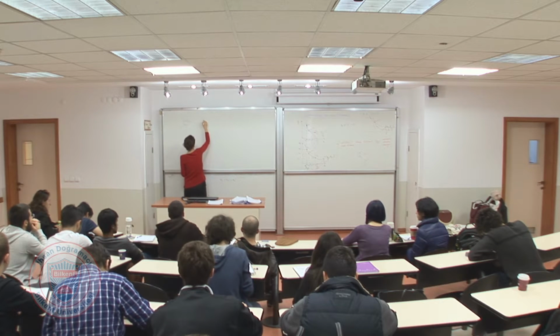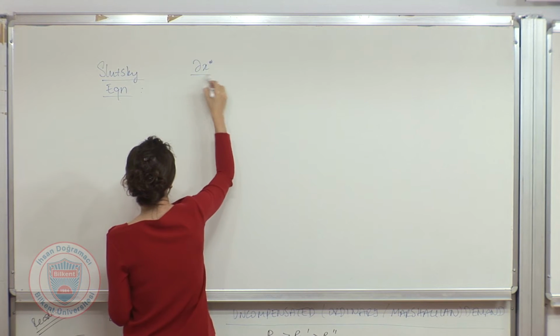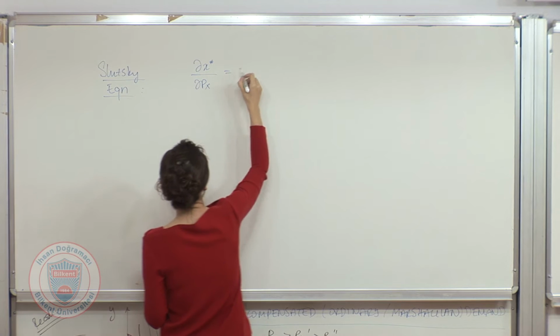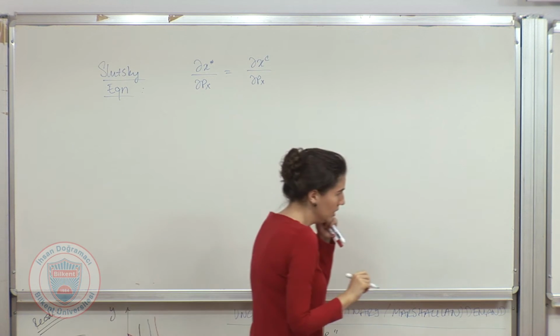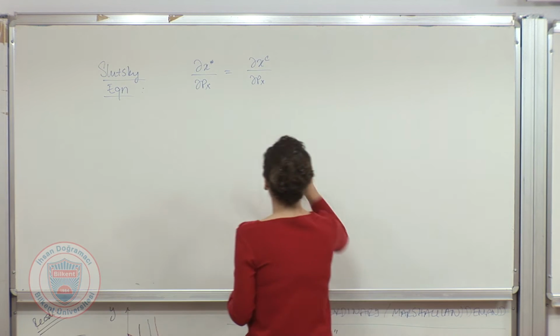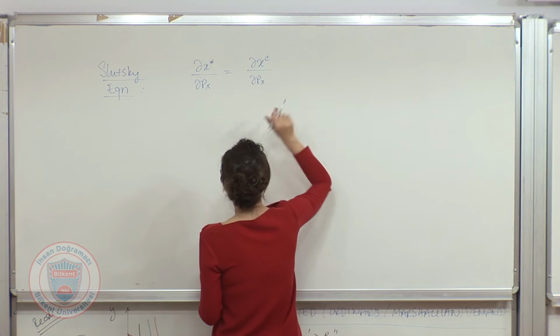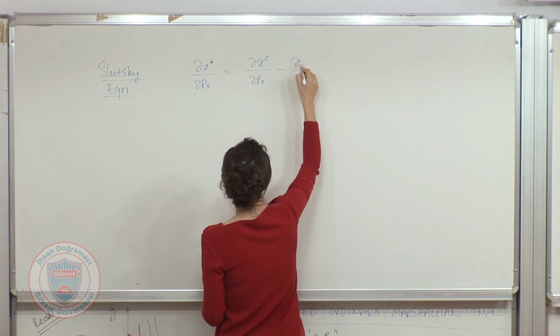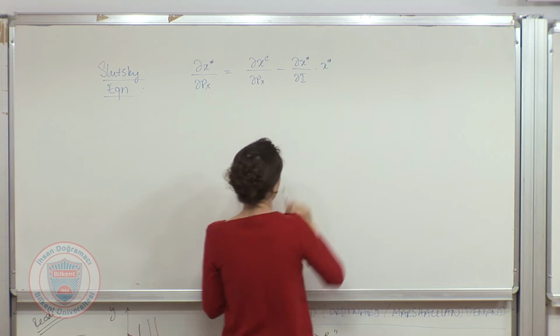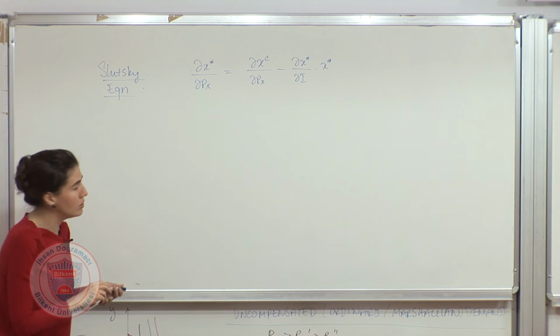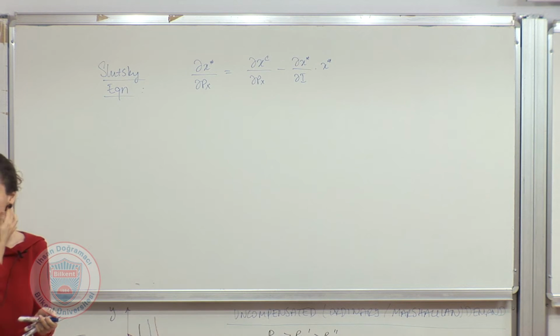It was giving us the relationship between the slopes of these two demand curves, right? And then we called it X star del I times X star, right? So this is called the Slutsky equation.